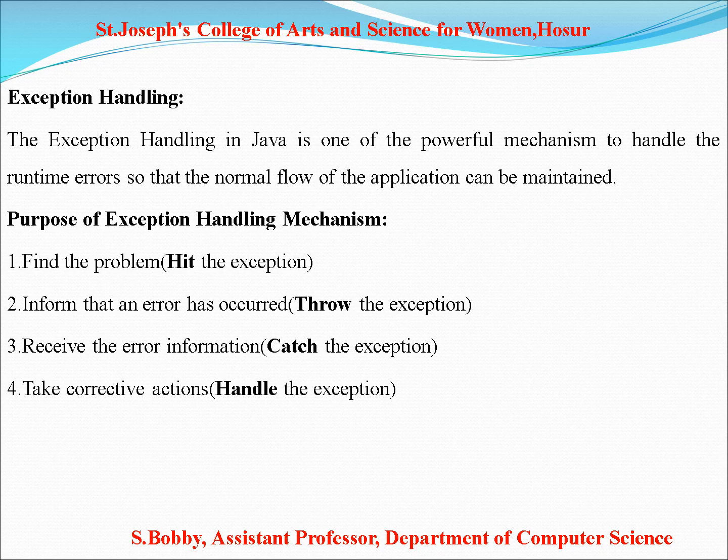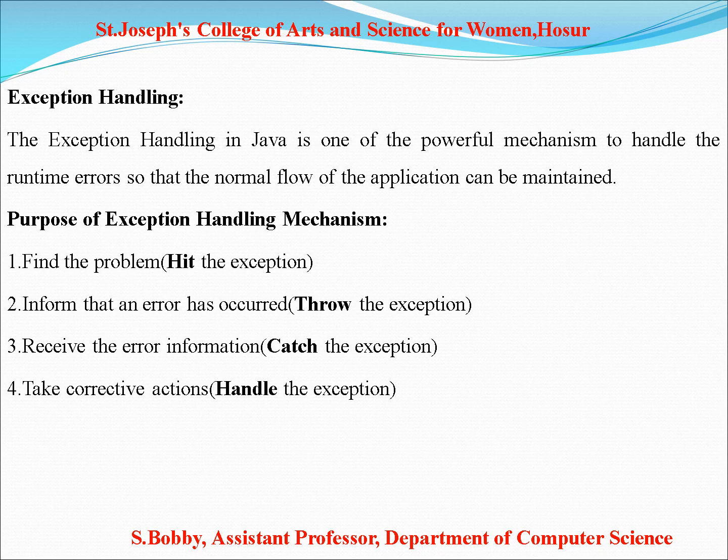Exception handling in Java is one of the powerful mechanisms to handle runtime errors so the normal flow of the application can be maintained. What is the purpose of the exception handling mechanism?